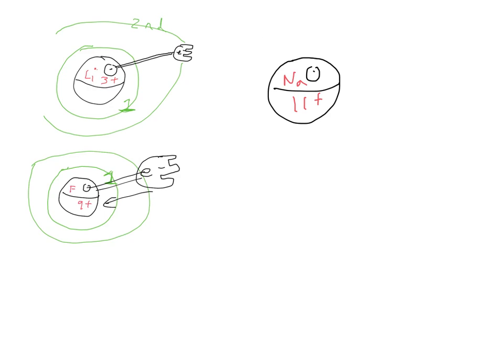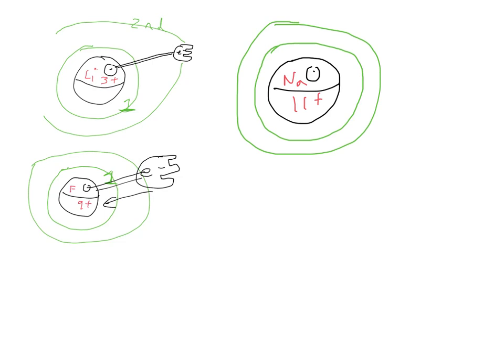Charge on our nucleus is 11. However, what prevents the outermost electron from feeling the charge of the nucleus is now not one, but two core layers of electrons. So we have two forces resisting the pull of the nucleus.